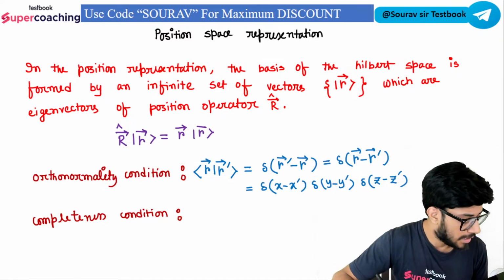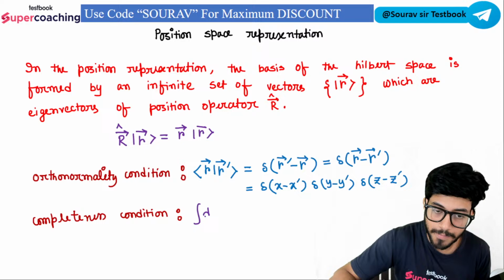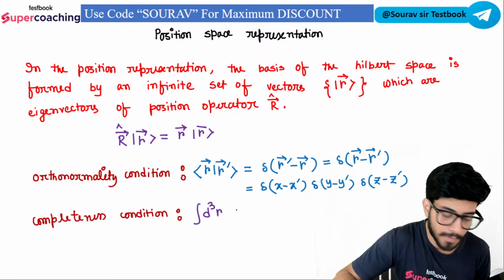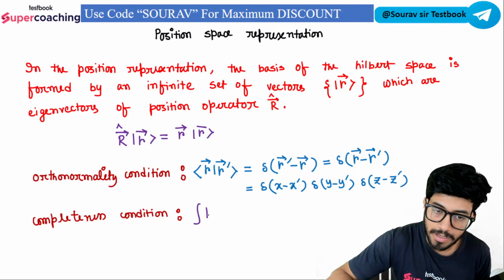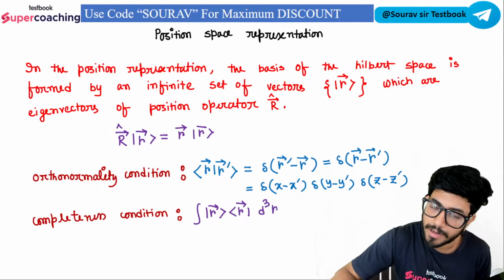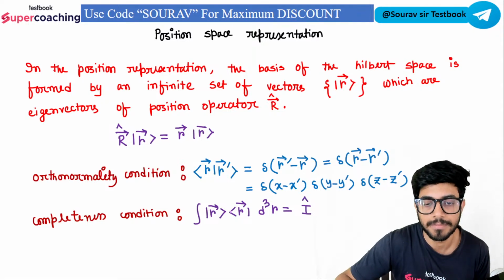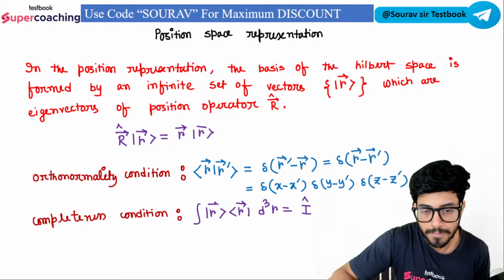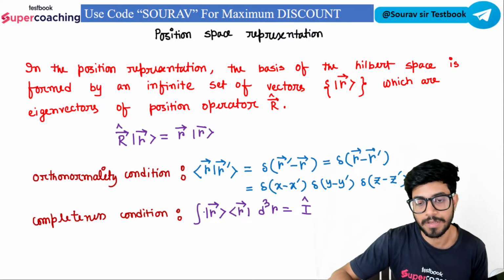We can write it as the integration of d q bar, R vector ket times R vector bra, which is basically the identity operator I cap. This has to be in all space.